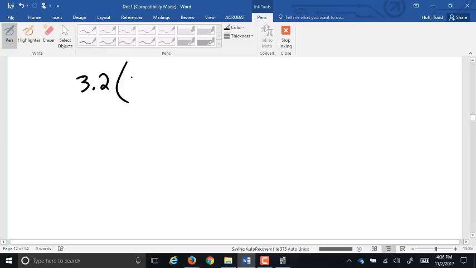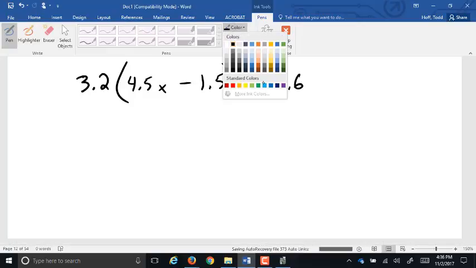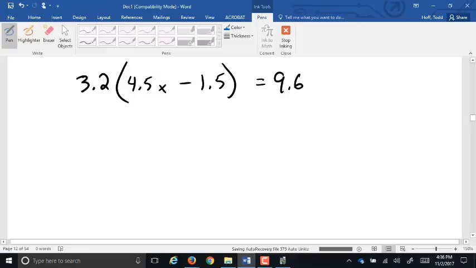3.2 times (4.5x minus 1.5) equals, oh, let's do 9.6. What do we have to do here? We have to distribute the 3.2, multiply the parentheses.